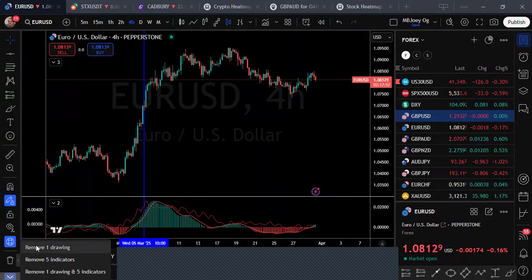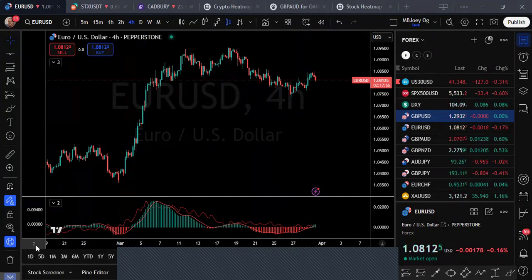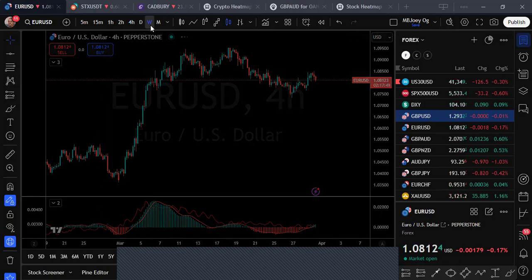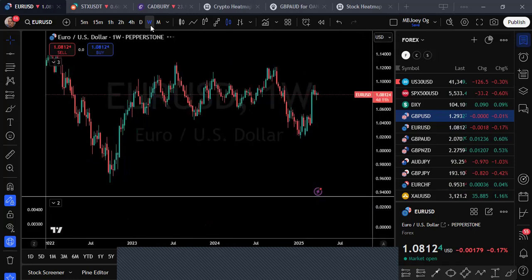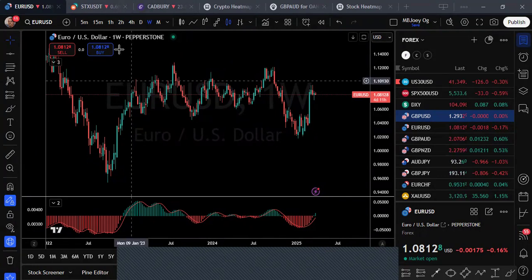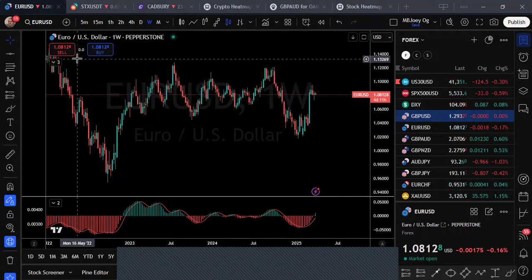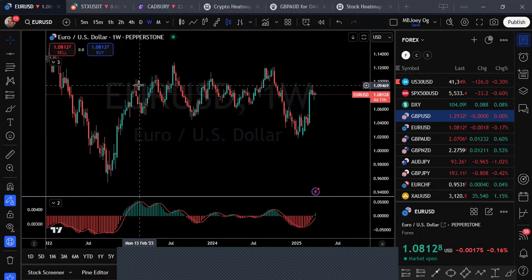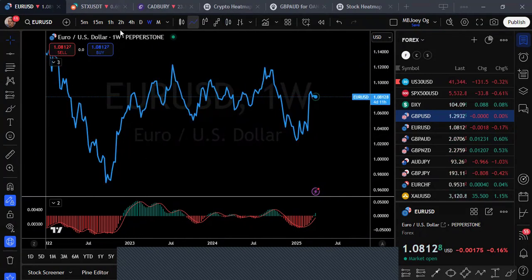So let's look at this again. Let's analyze this. Where do we normally start from? The weekly time frame, right? Yes, sir. On the weekly time frame, you want to identify your areas of support and resistance, after which you identify the direction the market is likely going to go.